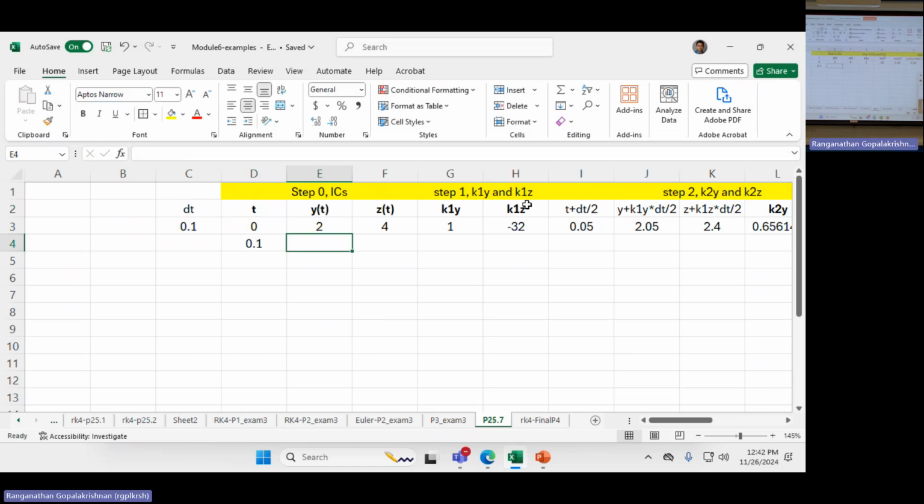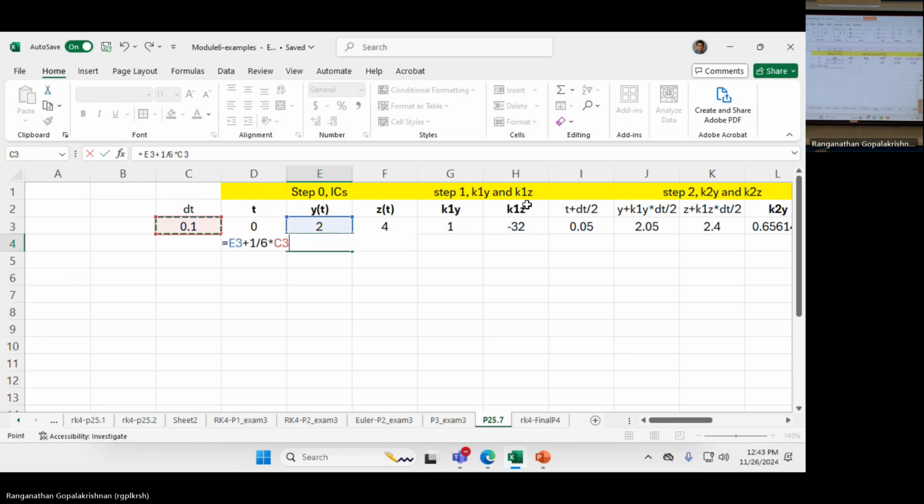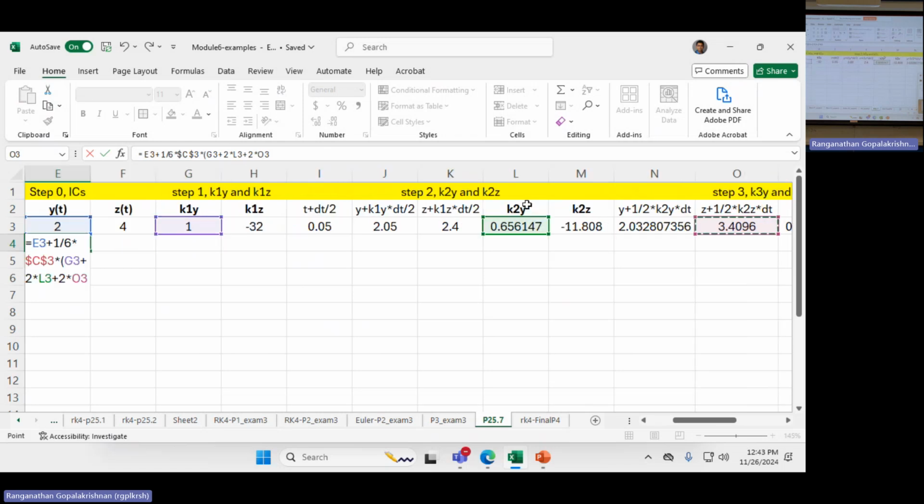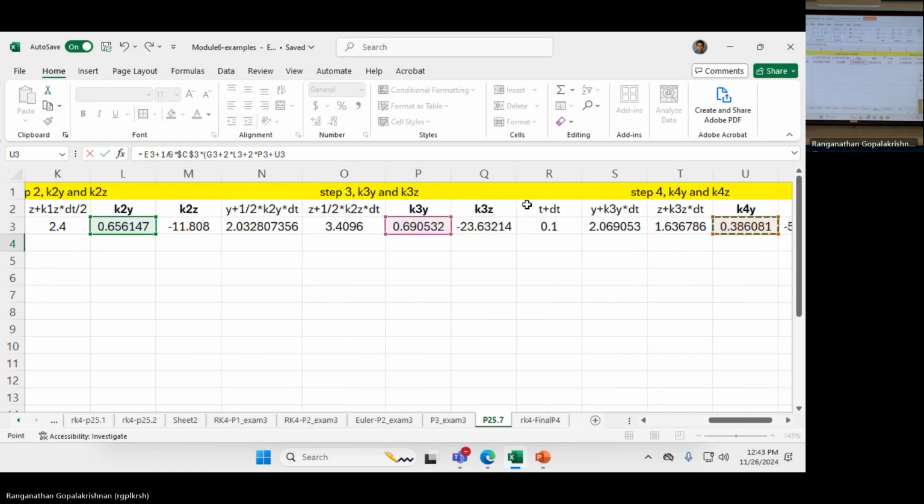Next step is to update y and z, right? Y plus 1/6 of dt times k1y plus 2 k2y plus 2 k3y plus k4y.